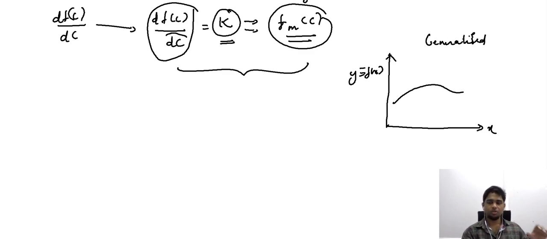So we are not orienting ourselves towards a given metallurgical phenomenon. We are not orienting ourselves to a given system. We are talking in a generalized context. In a generalized context, we have a function y which is dependent on x. Now we want to see how x influences y, how much y changes with respect to x.